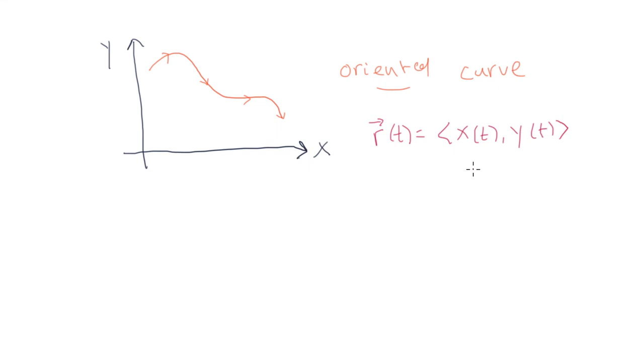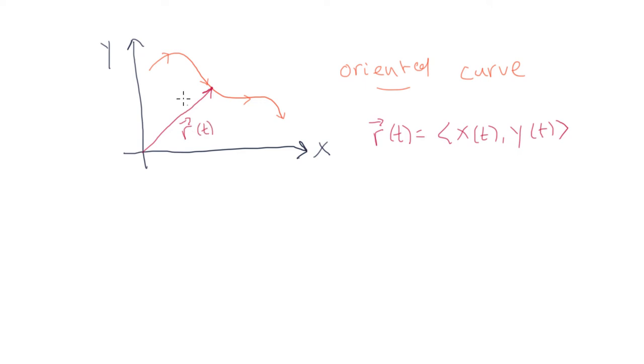What are the actual outputs here? For any given time t, r of t is just going to be the vector that's pointing to this point right here. So this vector is r of t.